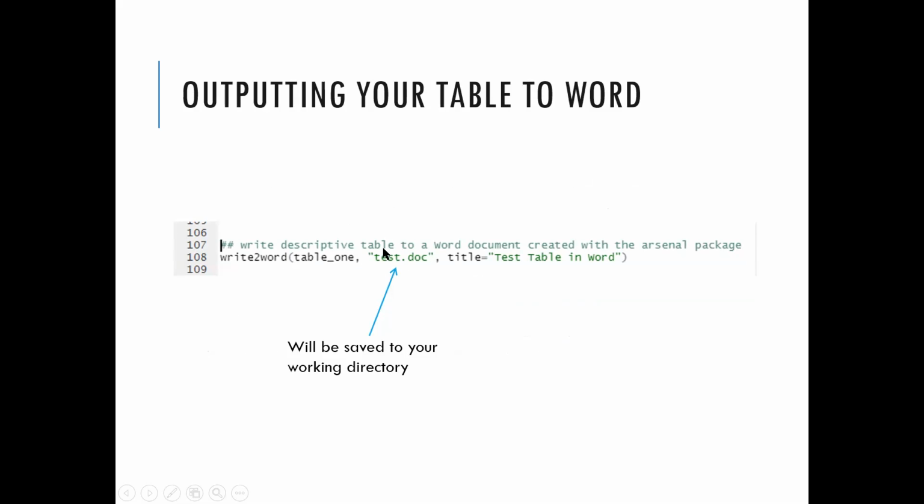Wherever your working directory is, it will save it there, or you can specify the exact path name, and it will save to that subfolder. That way, as you're working through exercise 1, you'll have a nice table that you can attach to your assignment.